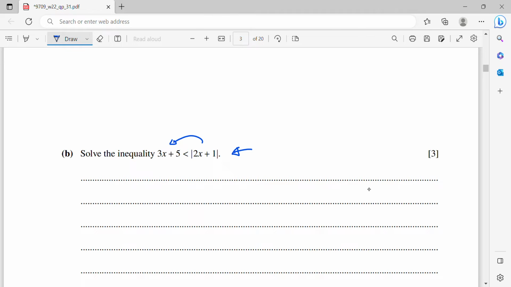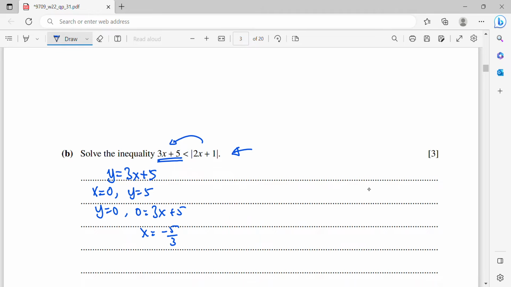Alright, so I need to add one more graph, which is y equals 3x plus 5. Before I sketch the graph, I will get the intersection points first. Let x be 0, my y is going to be 5. And let y be 0, my x is minus 5 over 3.